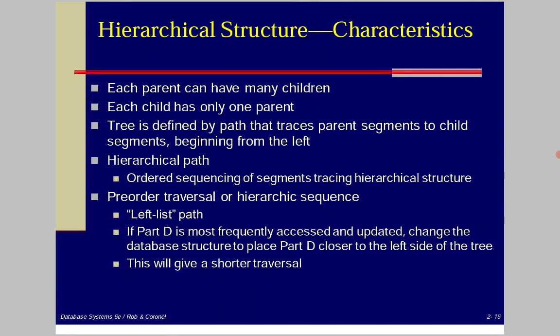Hierarchical structure characteristics: each parent can have many children, and each child has only one parent. The tree is defined by a path that traces parent segments to child segments, beginning from the left. The hierarchical path is the ordered sequencing of segments tracing the hierarchical structure, the pre-order traversal hierarchical sequence.